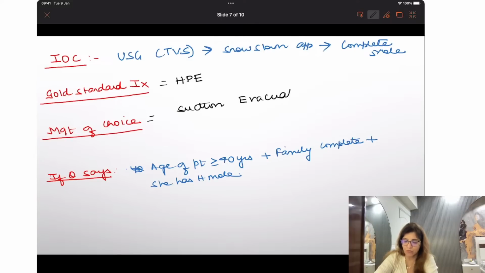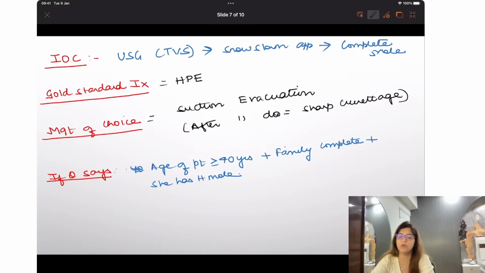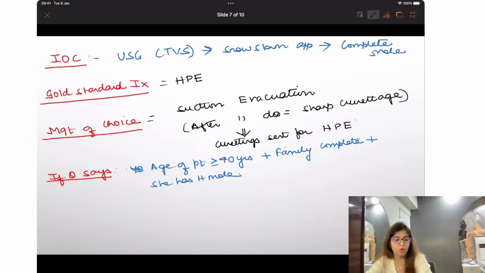After suction evacuation, you will do a sharp curettage, and the curettings will be sent for histopathological examination, right? Whatever curettings you get, you send it for histopathological examination.